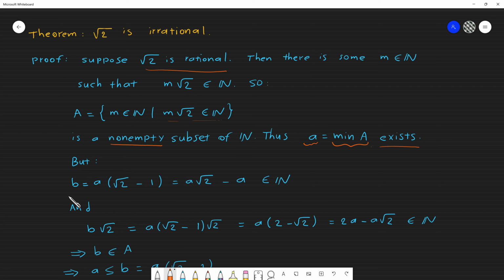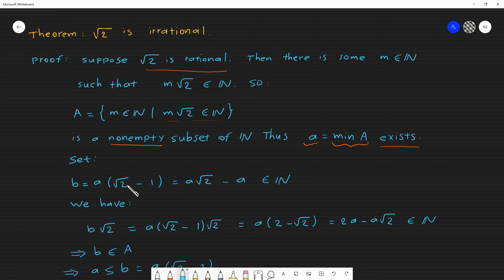Now let b be equal to this number: a times (square root of 2 minus 1).